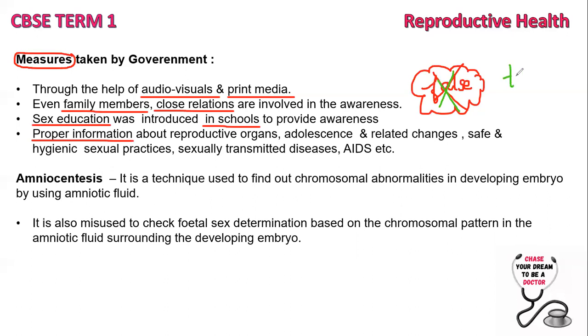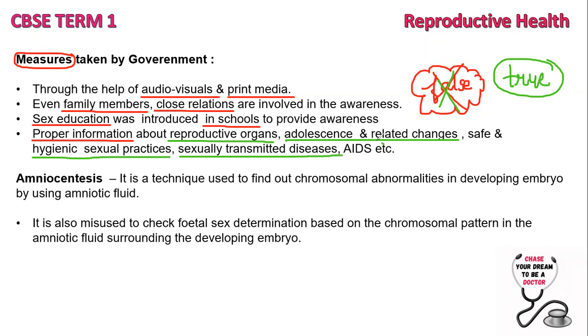Always give true and proper information to the children about the reproductive organs, about adolescence and related changes, safe and hygienic sexual practices, and about sexually transmitted diseases, especially AIDS, which must be given special awareness to all the students. Clear, everyone?